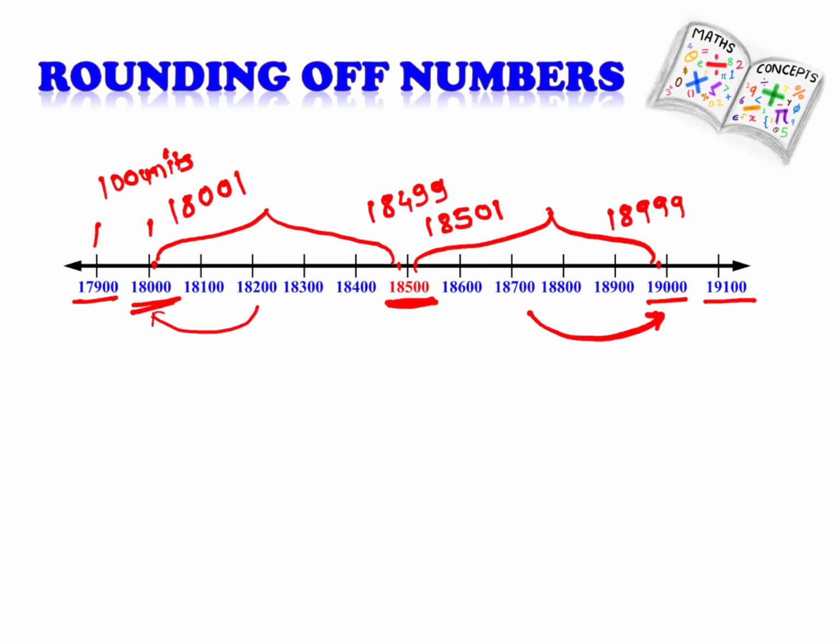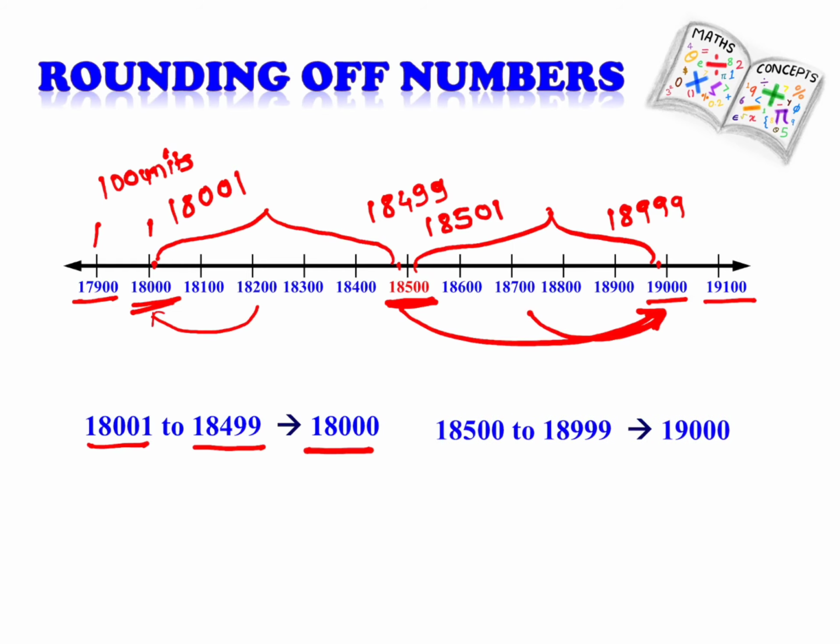Again, the middle number gets rounded off to 19,000, the next thousand, right? So numbers from 18,001 to 18,499 are rounded off to 18,000, and numbers from 18,500 to 18,999 get rounded off to 19,000.